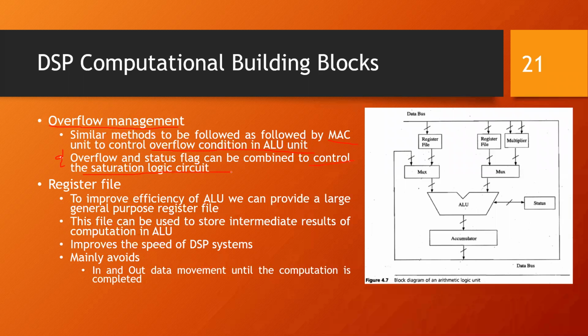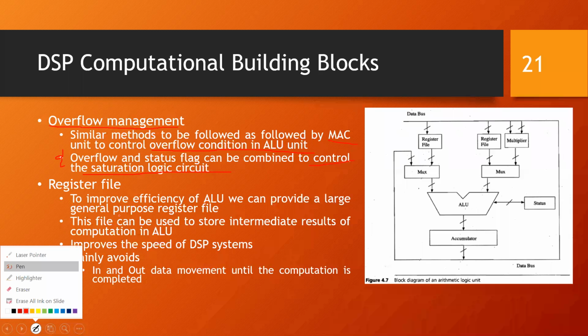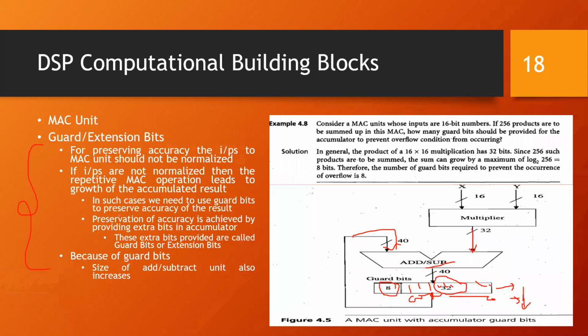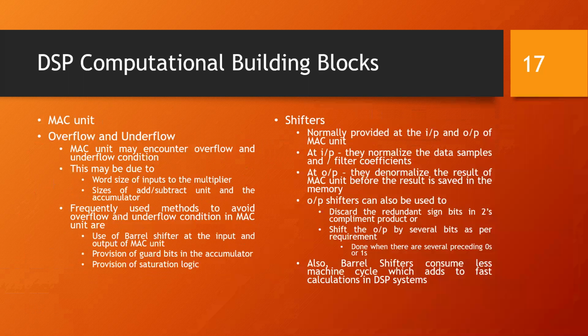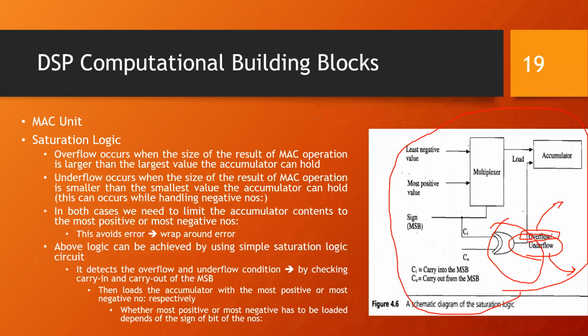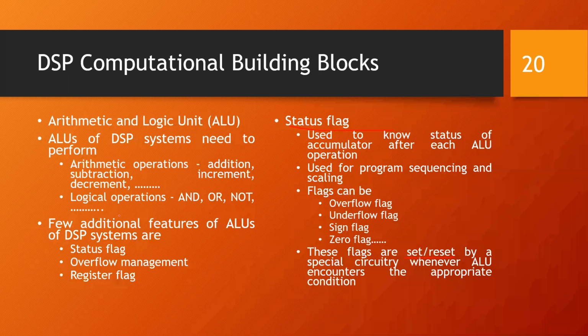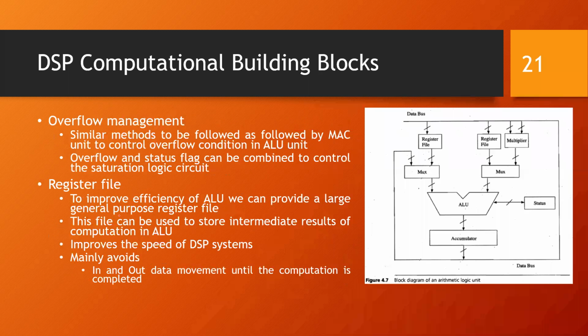Even in the ALU, saturation might occur when you're using the accumulator. So how do I avoid that? Again, the same concepts we have discussed, we can go ahead. We can provide guard bits. We can shift the data at the input and shift the result at the output. These are different approaches which are used in the MAC, and the same approaches can be utilized in your ALU.